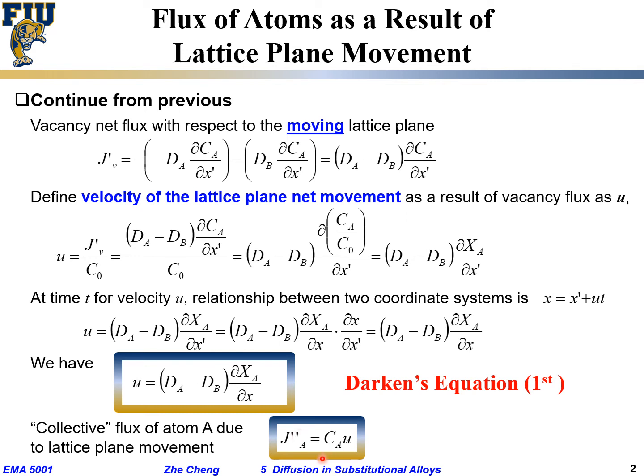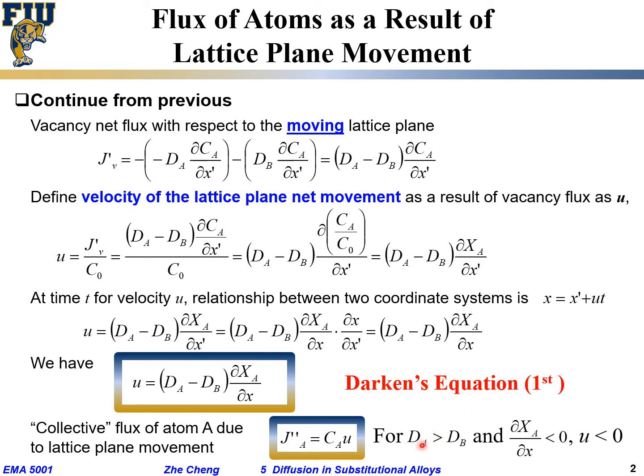It's just the number density of A atoms times how fast this lattice plane moves. If the lattice plane velocity u goes to 0, this term goes to 0. But the faster this lattice plane moves, it means collectively all the atoms would move also at this velocity. Okay?